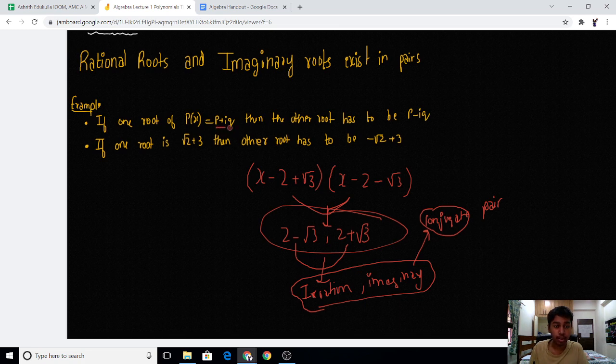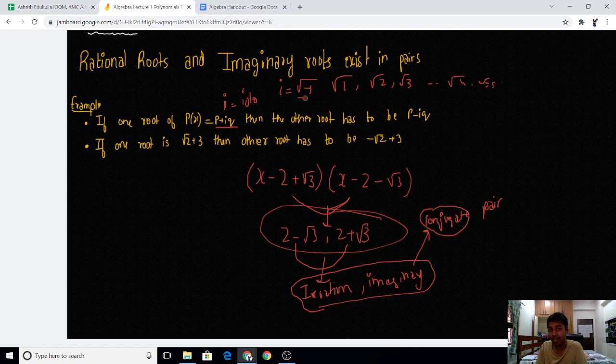If one root is p plus iq, where i is nothing but iota, where iota equals root over minus 1. As we know, we only know the values of 1, root 2, root 3, so on till root 4, root 5, root 55. We only know the positive ones, but we don't know the negative.